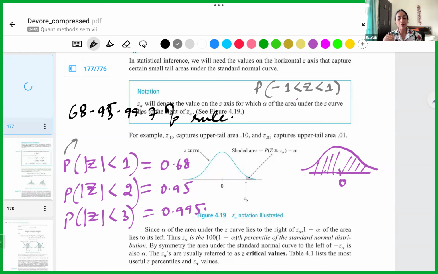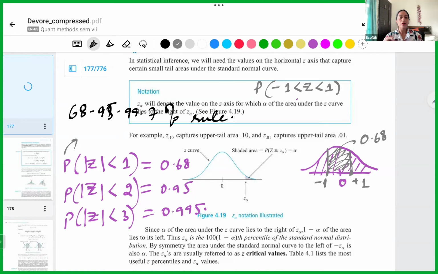Mod of Z is less than 1, मतलब कि Z actual values में -1 और 1 के बीच में lie करे, which means suppose here -1 and +1. All right. This says that the probability that this standard normal random variable will take a value between -1 and +1 is 68%. ये area 0.68 है.